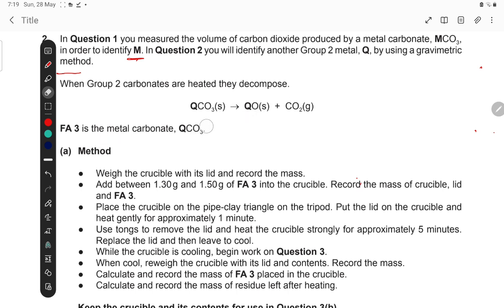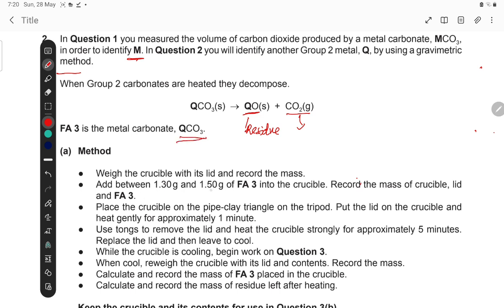We know that this is group 2 carbonate. So when it decomposes, it always gives metal oxide and carbon dioxide. This is the residue and this is the gas which is evolved during this reaction. So QCO3 is the metal carbonate.